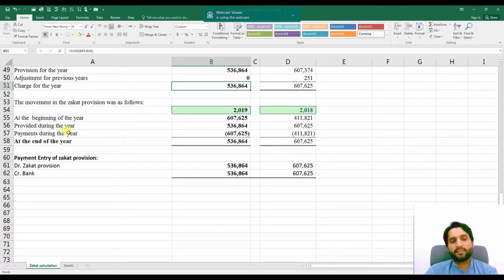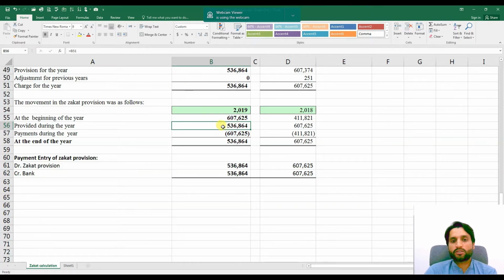Now let's see the ledger of zakat provision. The movement in the zakat provision was as follows. At the beginning of the year, it was 607,625, before the payment of 2018 to the zakat department. In our provision ledger, our balance was this. Provision provided during the year for zakat provision is 536, which we have calculated earlier.